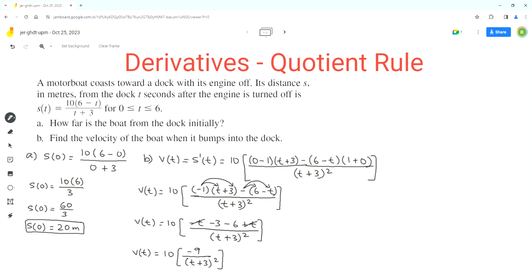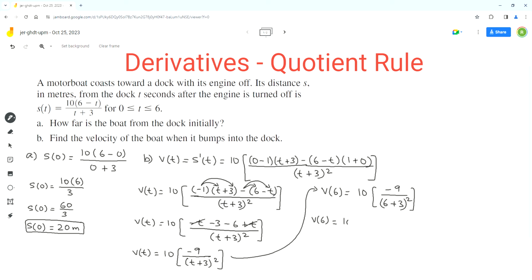Now we have to find the velocity of the boat when it bumps into the dock, and that happens at 6 seconds because that's the upper end of the domain. So we have to sub in t as 6 in this velocity function. So v(6) equals 10, and then parentheses negative 9 over (6 + 3) squared. Now we have to simplify this expression.